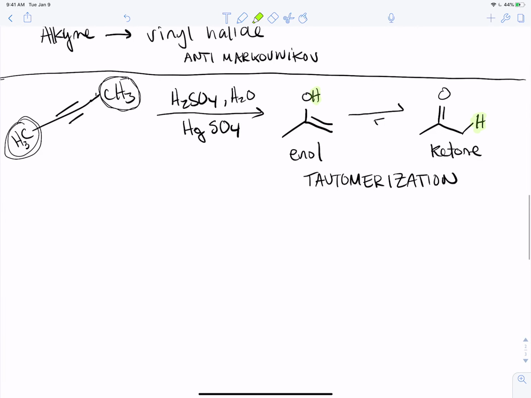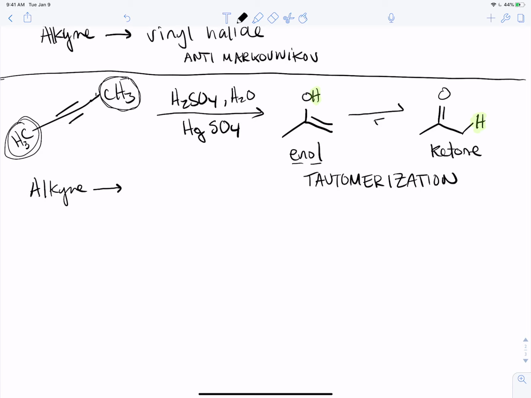But so if you take an alkyne and I treat it with this sulfuric acid mixture, it'll go to an enol, meaning that it's an alkene, because it has a double bond, and also an alcohol, because it has a hydroxyl group on it. But it doesn't stay an enol, so it really goes to a ketone.